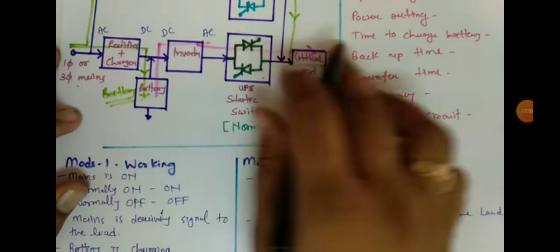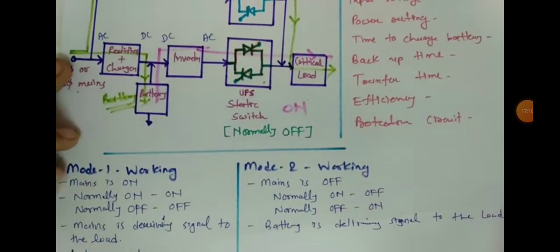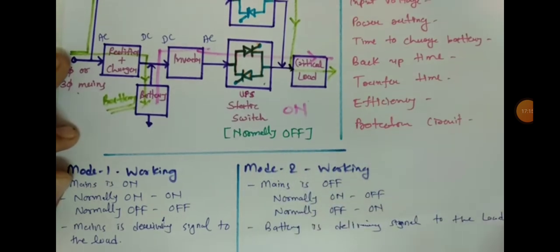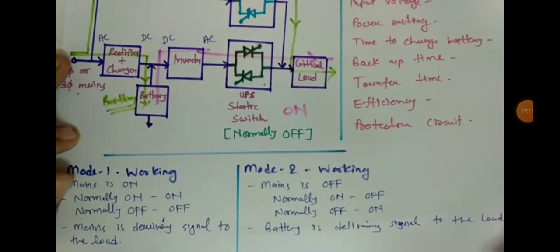So that is how it delivers signal to the load. So this is how the second mode is working when mains is off. So that is the case when power failure is happening.